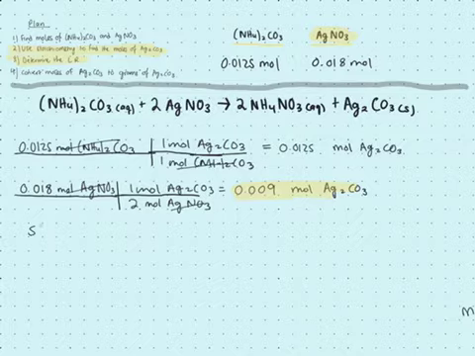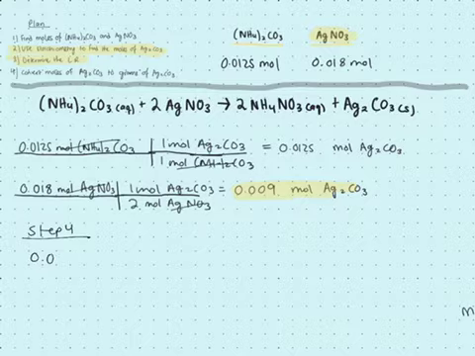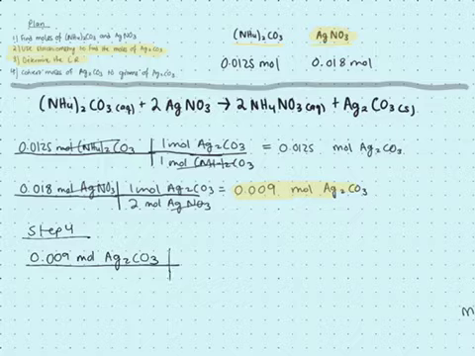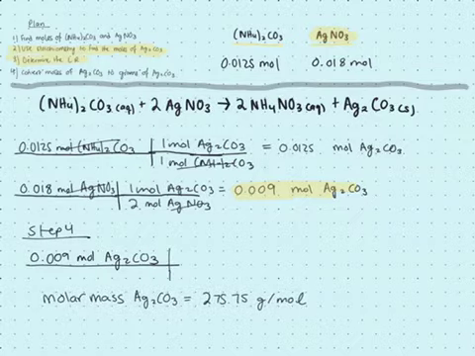So step 4. We have 0.009 moles, and we use the molar mass of silver carbonate to do this. So the molar mass is 275.75 grams per mole.